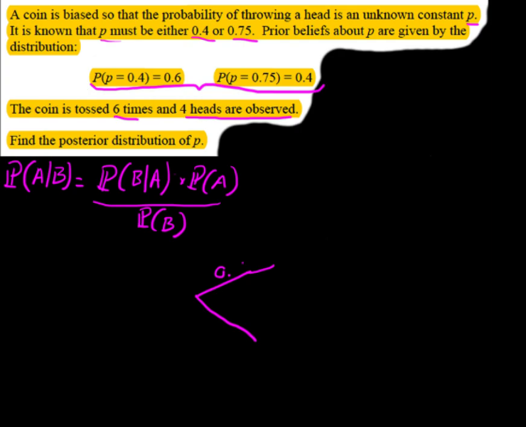So we can look at it like this, where p is going to be equal to 0.4, and then we have a 40% chance that I use my more biased towards head coin.